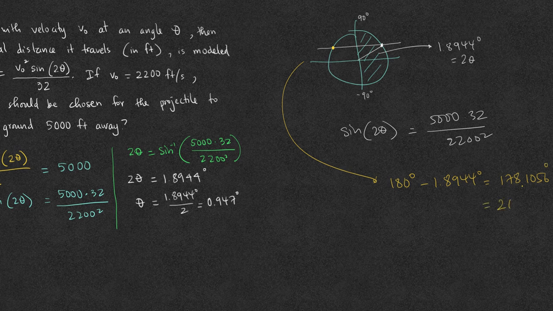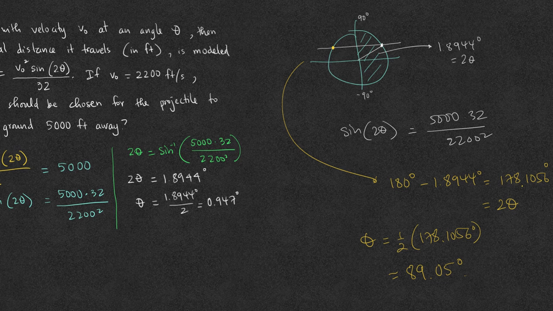And yes, this is 2 theta, and so theta equals a half of 178.1056 degrees, or approximately 89.05 degrees.